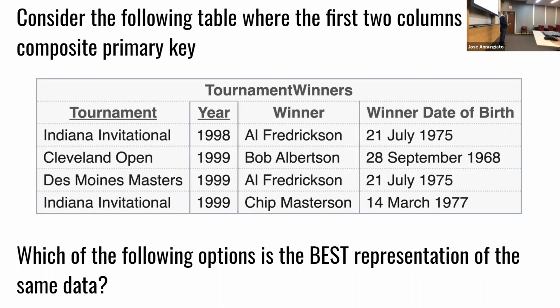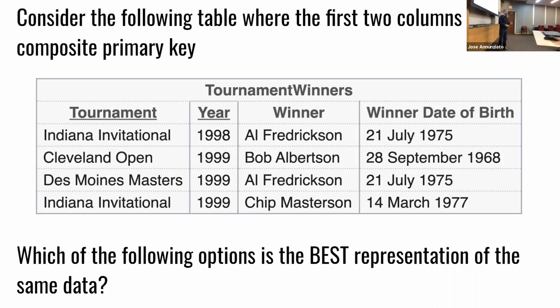So I will probably give you explicitly that column A has a functional dependency on column B, meaning that if I know A, I also know B. So there's a dependency. B depends on A. So I'll say, the date of birth depends on the winner, and explicitly say it.